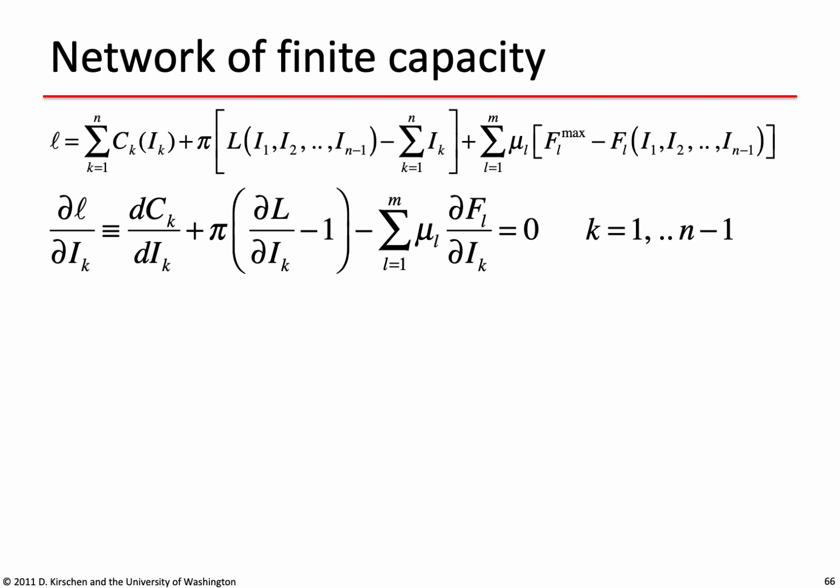It involves the derivative of the cost of producing power at bus K with respect to I_K, plus pi times dL over dI_K minus 1, and then minus mu times dF_L over dI_K, where dF_L over dI_K indicates how the flow in line L is influenced by the injection at bus K, and that must be equal to 0.